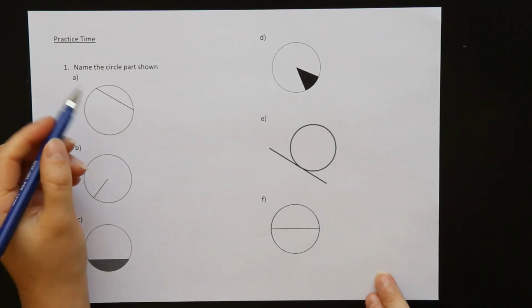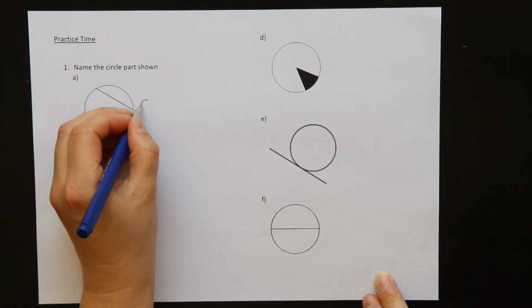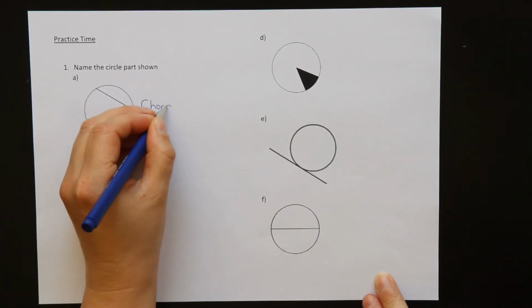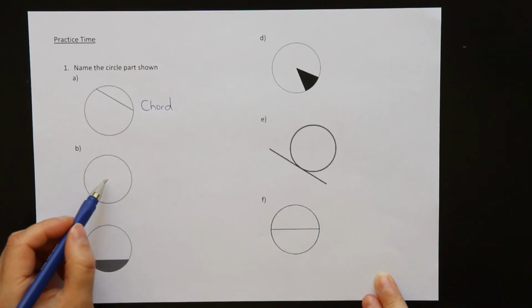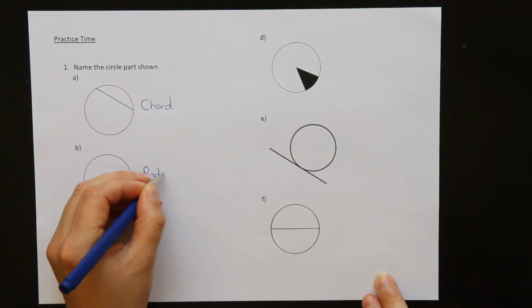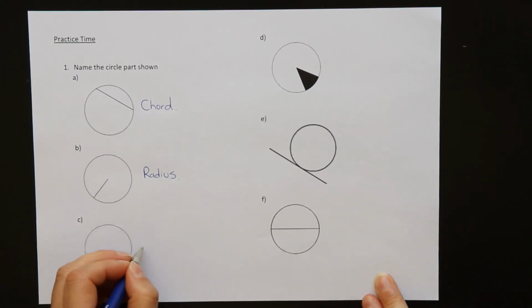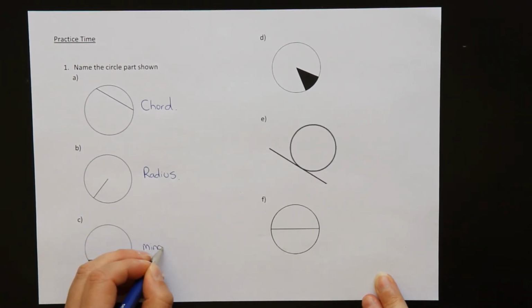Okay, so question 1, a line that goes from one side to the other of a circle is called a chord. From the center to the edge is the radius. This line would be a chord. If it cuts off a chunk of area though, we have the major and the minor segment. So the little one is called the minor segment.